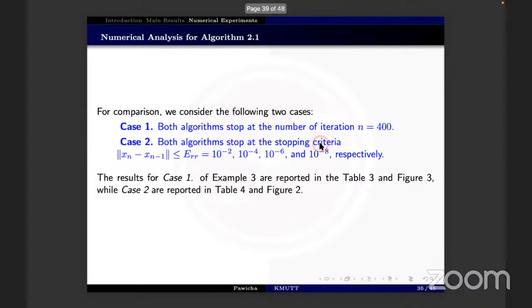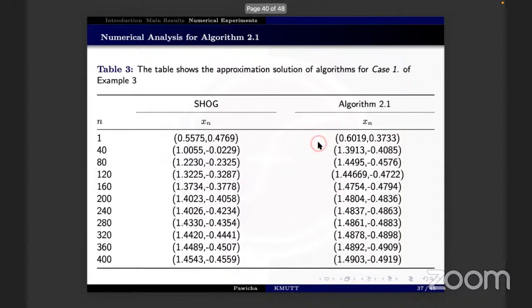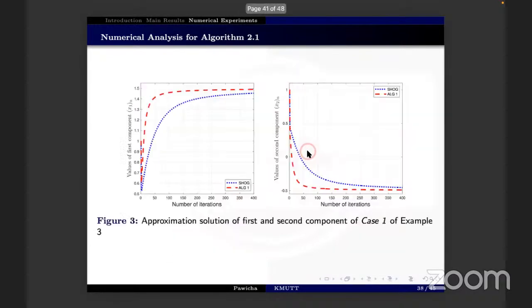Now we consider two cases as well. And this is the result of the first case. We can see that our algorithm converges faster and more accurately than the Chehu and ABC algorithms.